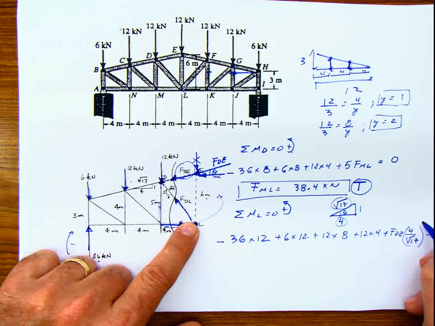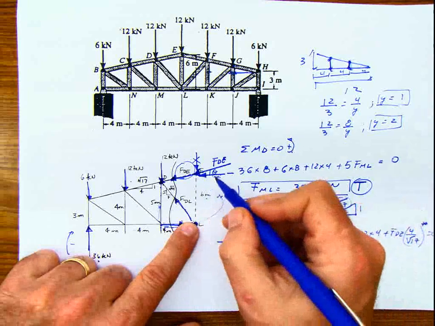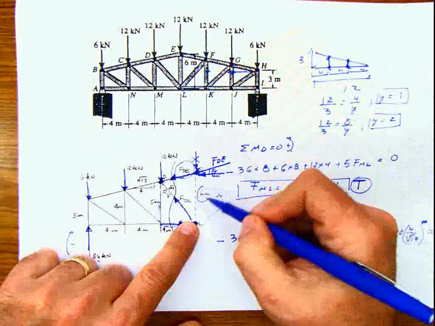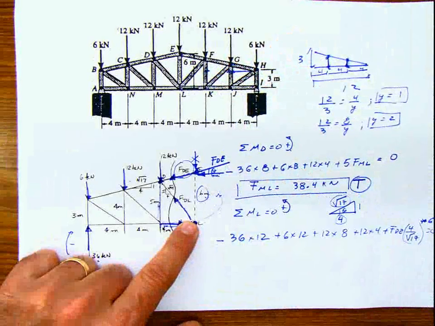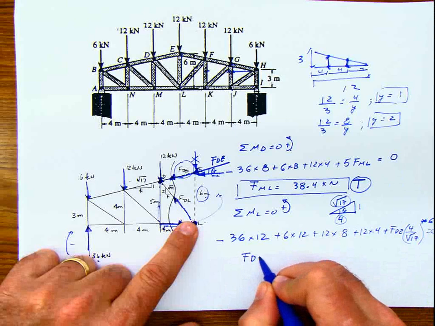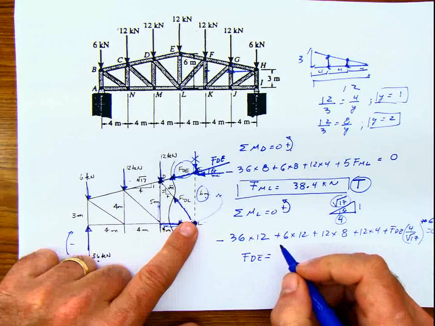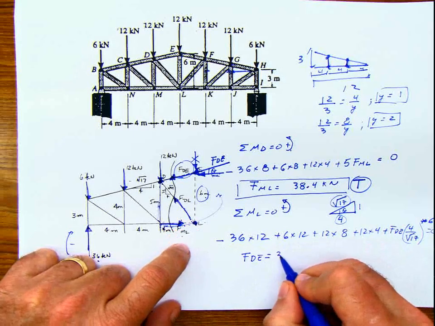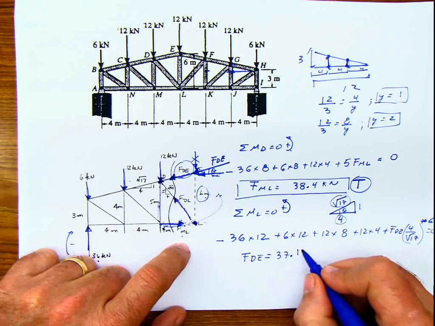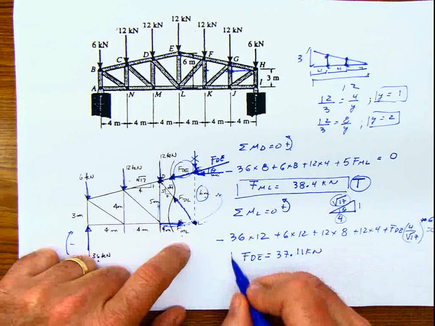And of course this has to be multiplied also by the distance. What is the distance between this point and this point? This distance is 6. When you solve this, you get that FDE is equal to 37.11 kilonewton.